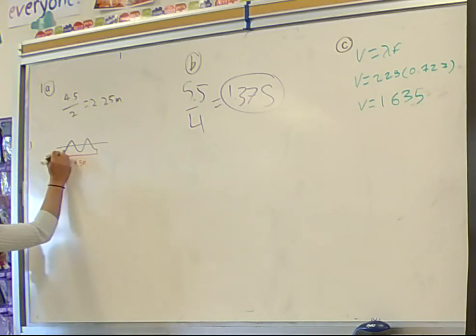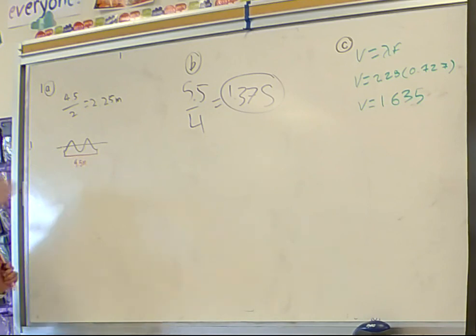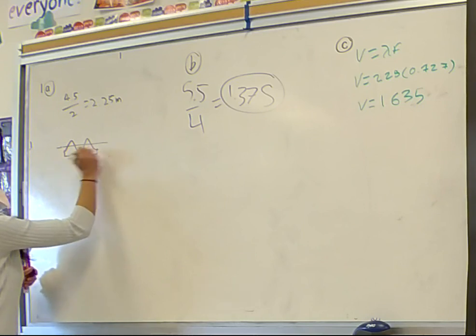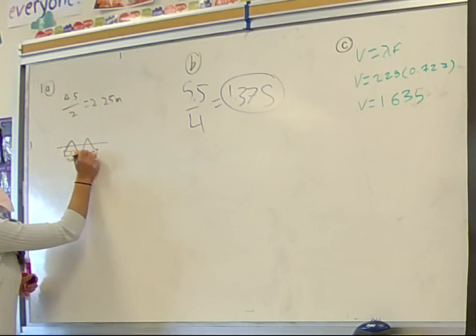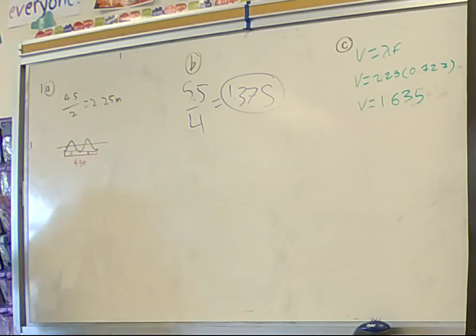If I started at a trough, one full cycle ends at a what? Trough. So trough to trough is 1, trough to trough is 2. So I've got 2 wavelengths in this 4.5 meter distance.